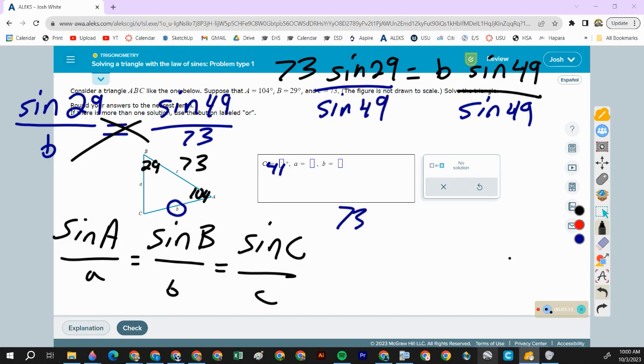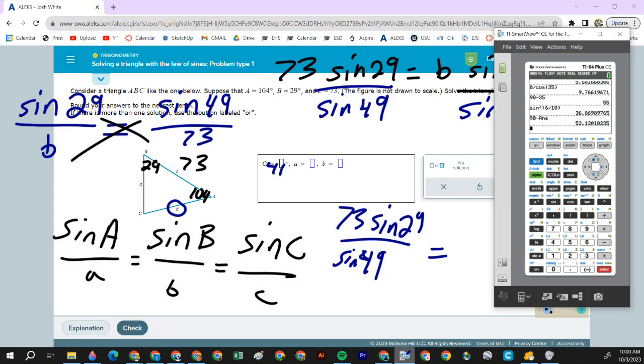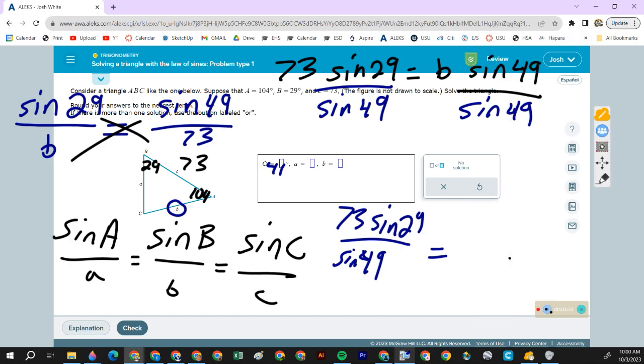So 73 sine of 29 over sine 49 is equal to 46.89. So B is 46.89. Is that a reasonable answer?